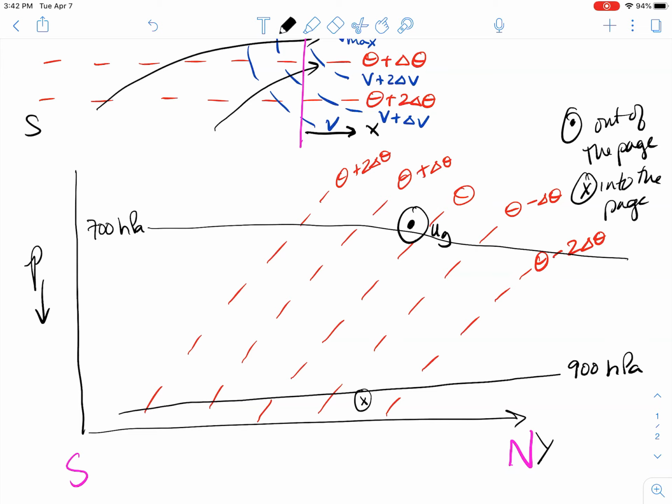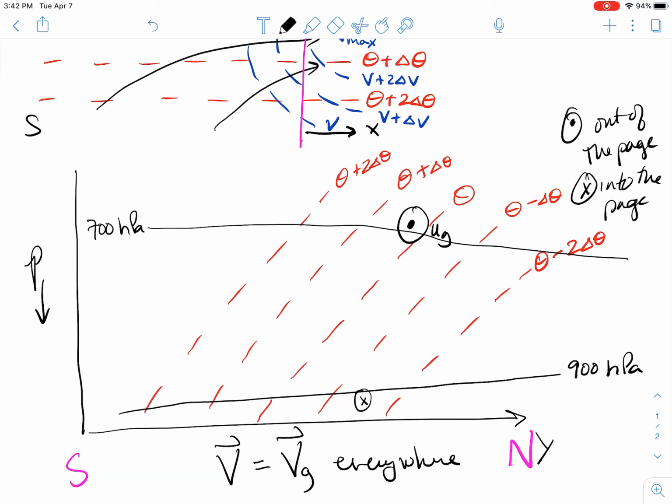Initially, we are going to say that everywhere our total wind vector is equal to just the geostrophic wind. Remember, when we're developing this idea of ageostrophic circulations, we develop ageostrophic circulations.